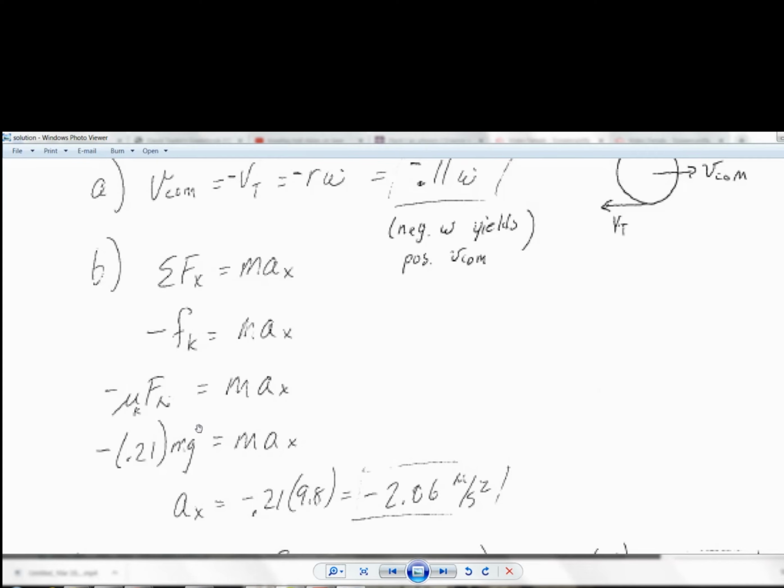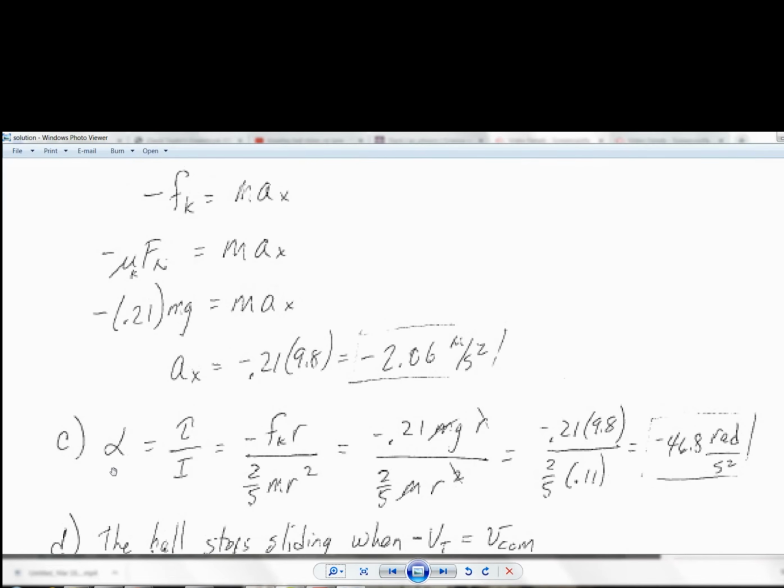The normal force is equal and opposite to the weight in this case, and the mu k is given to us in the problem as 0.21. So plug in 0.21 for mu. We notice m is on both sides. It cancels out. g is 9.8. Solve for acceleration. The ball will be slowing down linearly at 2.06 meters per second squared.